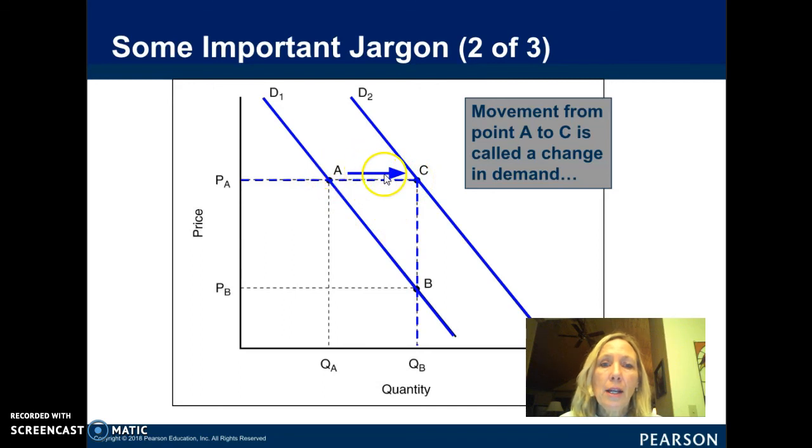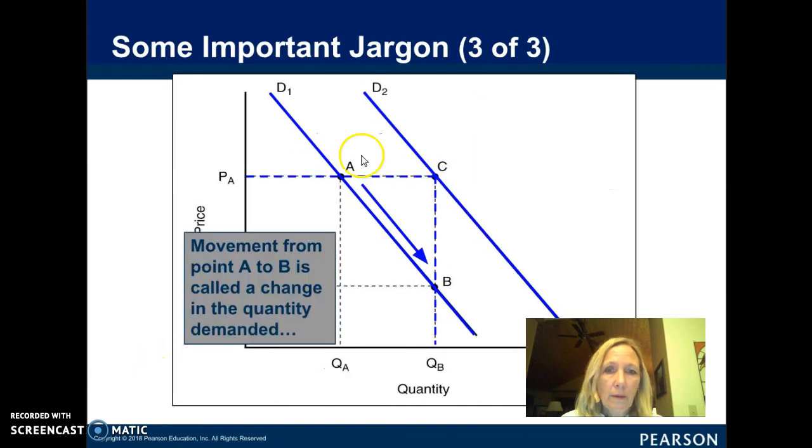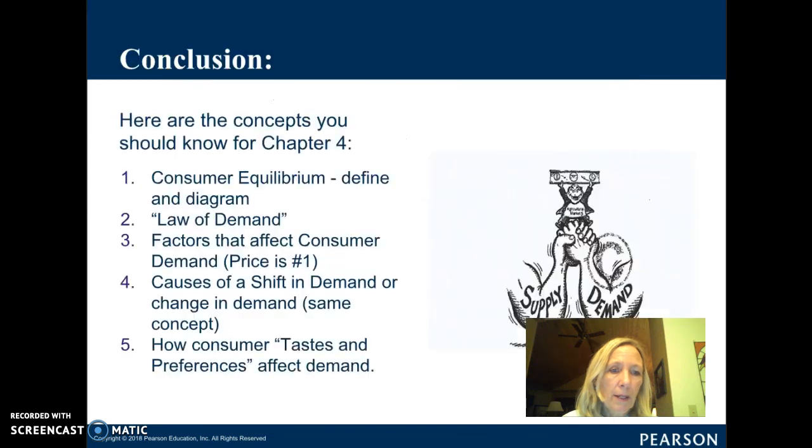This is a change in quantity demanded. Now, this is a change in demand. I call it a shift in demand. Okay. Change in quantity demanded is point A to point B. Oh my God, it's so confusing. I call this a shift in demand. Your book doesn't call it that, though. I'll make everything so complicated.